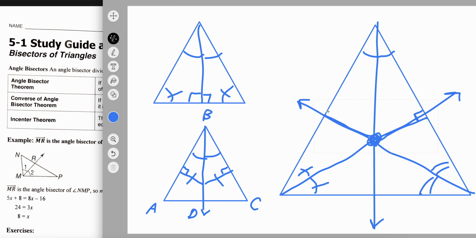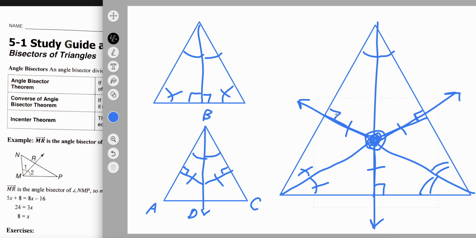Over here, we draw that line that forms a 90-degree angle, and over here we draw that line that forms a 90-degree angle.